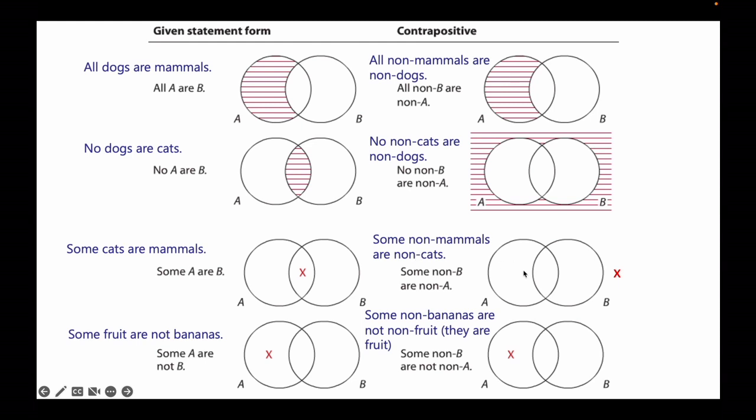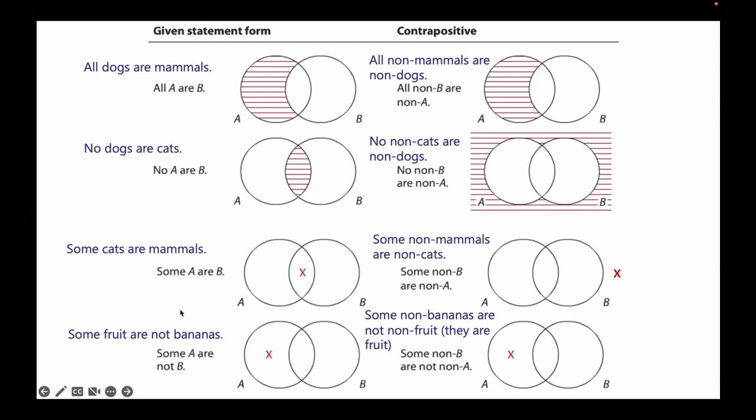Now remember that these are cats right here. A is cats, B is mammals. So I have to put the X away from the family cats, and outside, because I am saying that some things that are not mammals are non-cats.